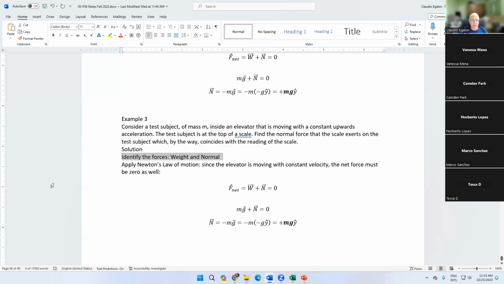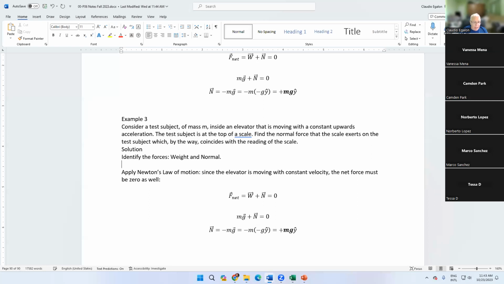Identify the forces, weight and normal. Now we have an additional step. Consider whether the elevator is accelerated or not. And the answer is yes.